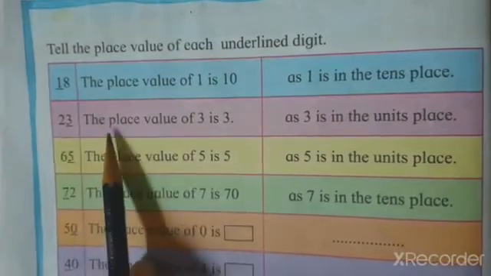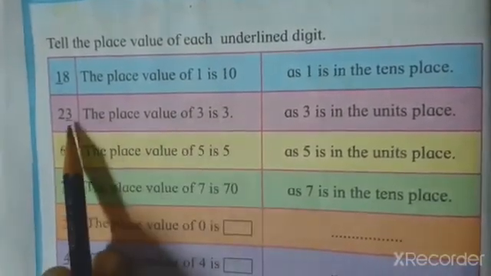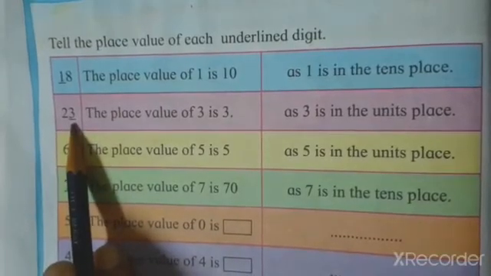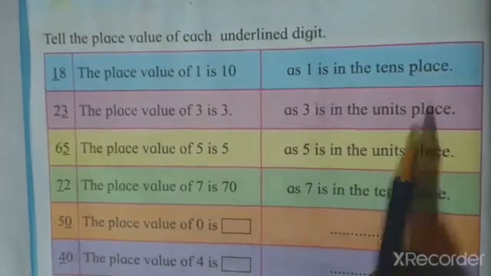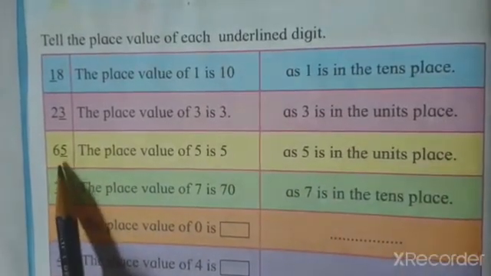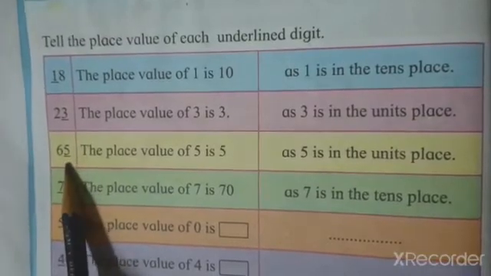The place value of 3 is 3, because 3 is in the units place. Let us look at the next example. 65, 5 is underlined here.